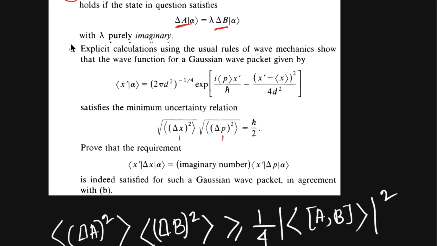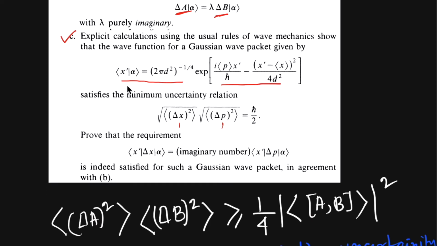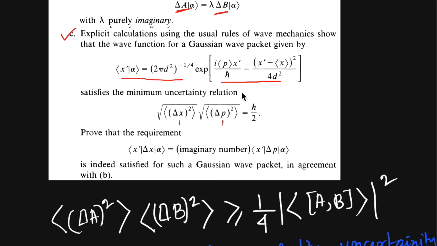So that we have seen. Now we will solve question number C. Here it is asked the explicit calculation using the rules of wave mechanics for the wave function of Gaussian wave packets. So this is a Gaussian wave packet. So using the rate that this state satisfies the minimum uncertainty relation, prove that the requirement, how can we state that the uncertainty relation in this state is minimum, that is the equality relation holds.